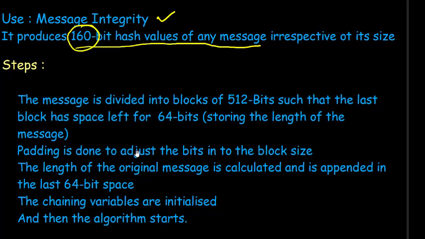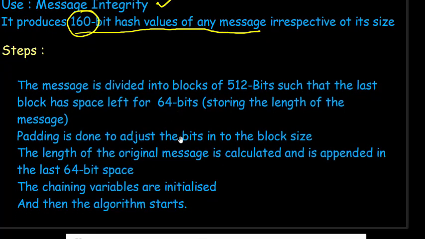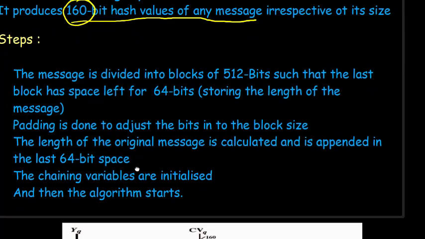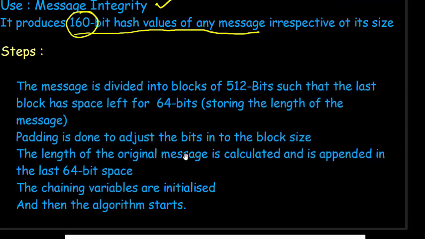I have explained padding in MD5, you can see that. So padding is done so that the total size of the message is such that the last block has 64 bits of empty space. And what is this 64-bit space? The length of the original message is calculated and appended in that 64-bit space which is left.